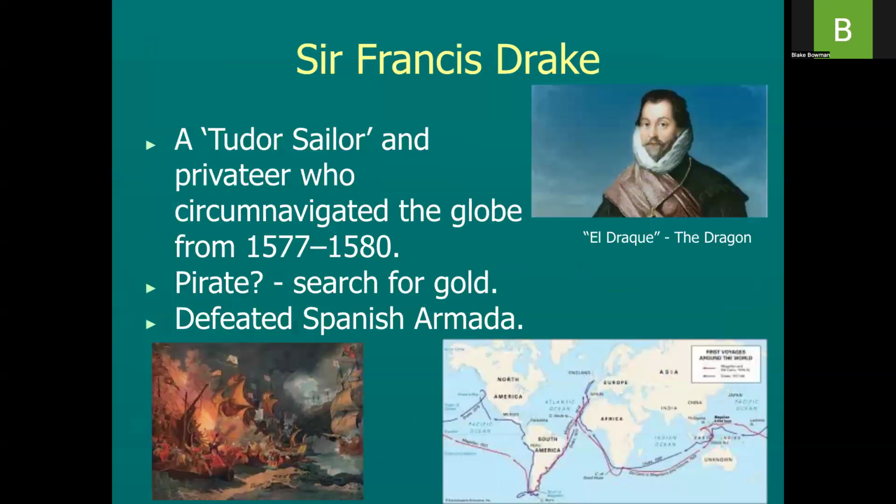All right, Sir Francis Drake, probably the most accomplished and successful explorer of the time. I say that because he actually does sail around the world and makes it back with his crew, right? So one of his main and major accomplishments is that he actually followed the route of Magellan, but went way further up into parts of the Pacific Ocean, reaching up into the northern part of South America, Central America, all the way up into modern day California.